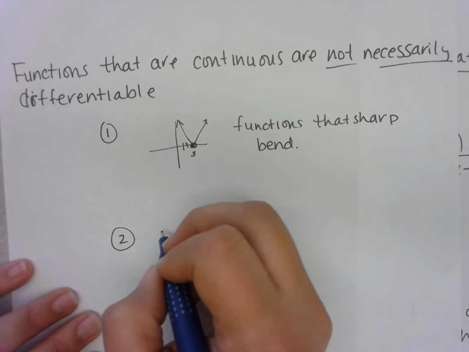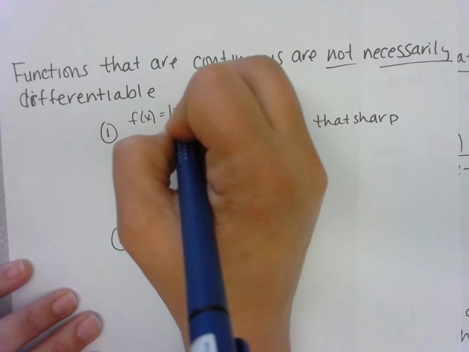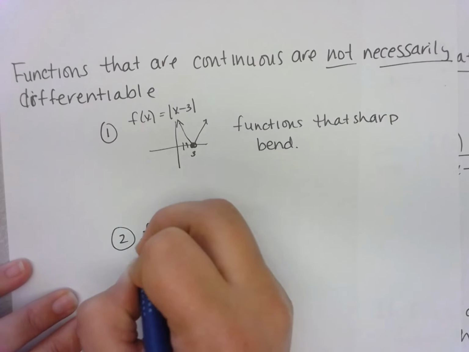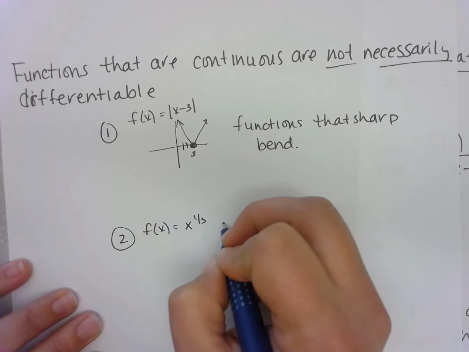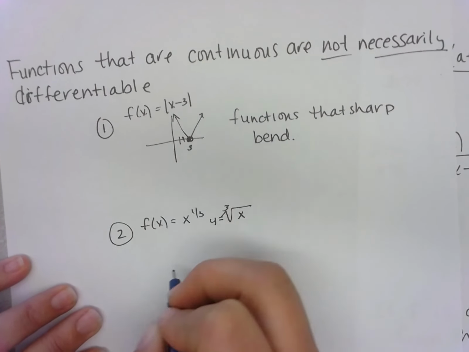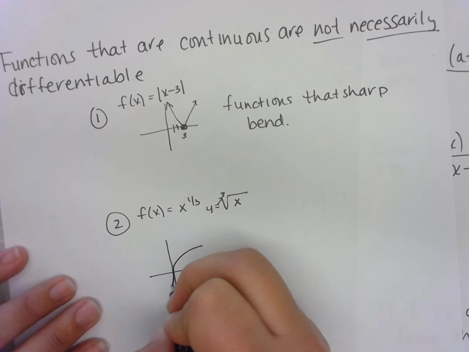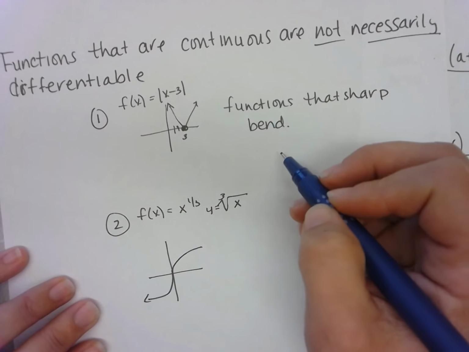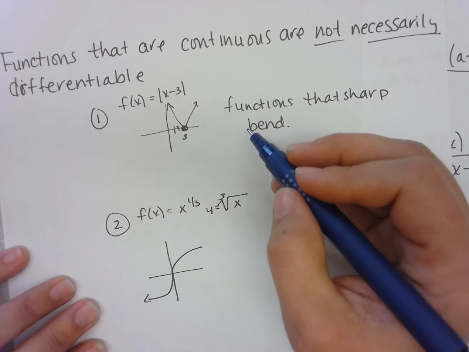All right, so then we also had, right, this was f of x is equal to the absolute value of x minus 3. Then we also looked at f of x equals x to the 1/3, or we could also write it as the cube root of x, right? And the problem here, right? Up here, we found that the limit from the right and left existed, they just weren't equal.